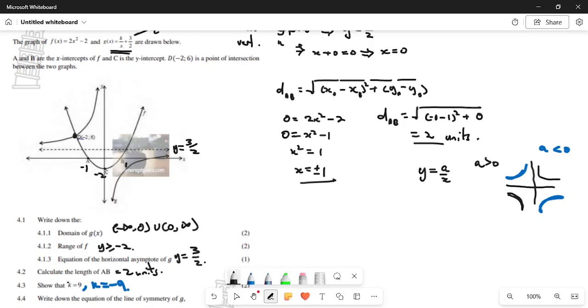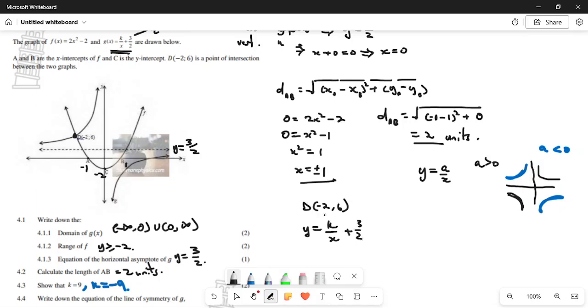Now if we attempt 4.3, to solve for k we'll use our given point, which is the point D. We are given that D is (-2, 6), and our g of x, which is y equals k divided by x plus 3/2.